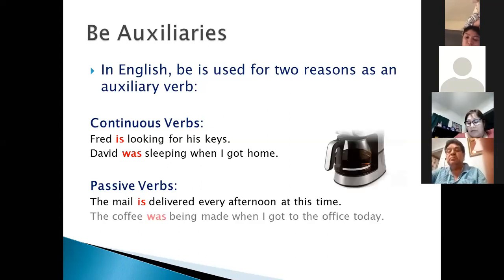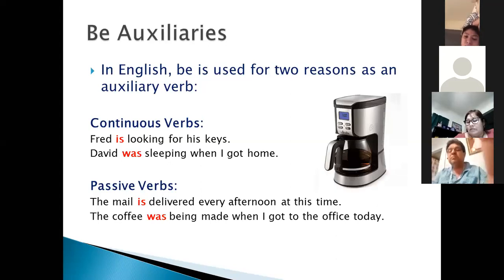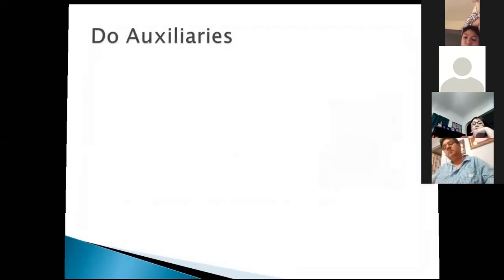Or the coffee was being made when I got to the office today. So that's our be. Am, is, are, was, were, will, be. Continuous and passive. Continuous we learned in level 1. Passive we were introduced to in level 4. And if you're on new level 4, we're going to learn that probably next week.